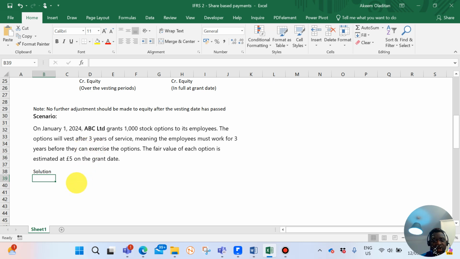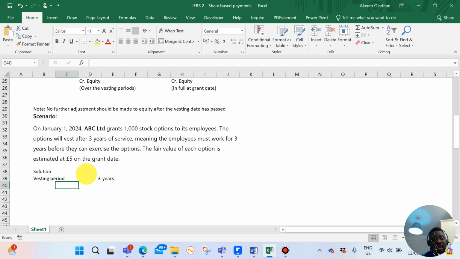So let's look at it. Vesting period equals what? 3 years. Meaning the employees must work for 3 years before they can exercise the option. The fair value of each option is estimated at £5 on the grant date.